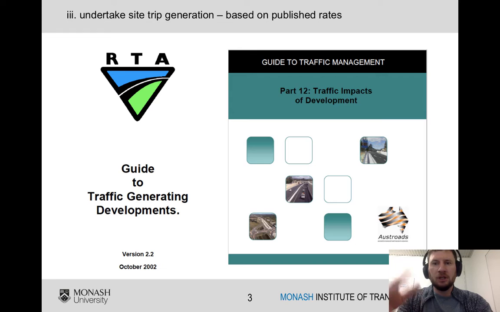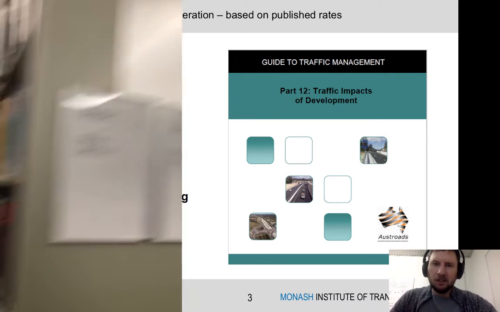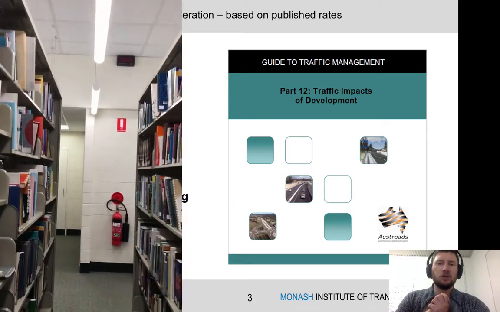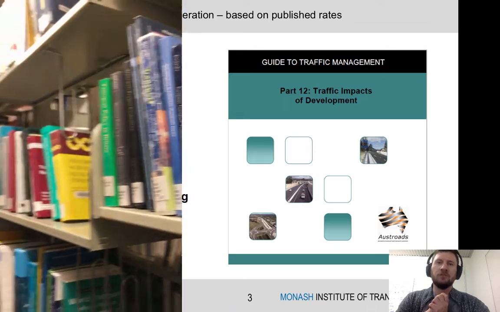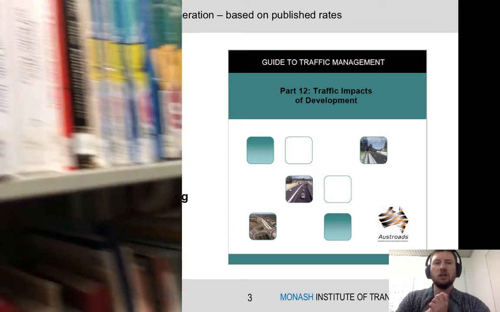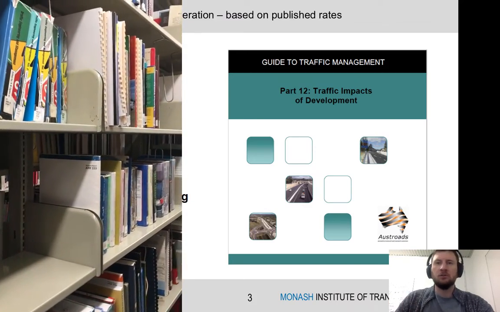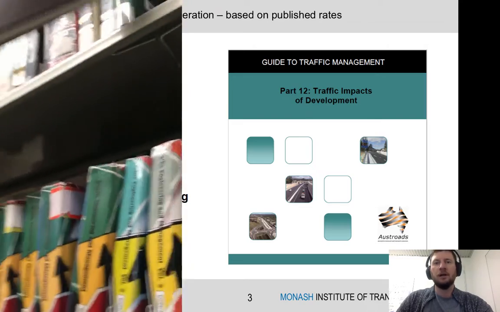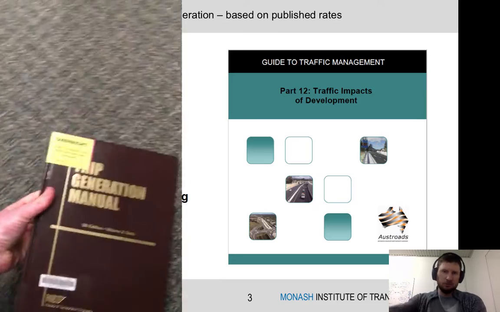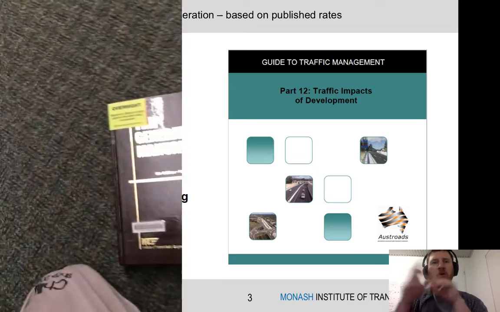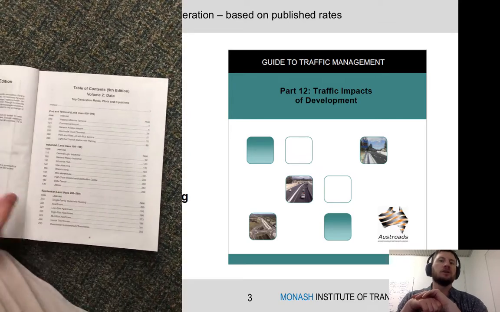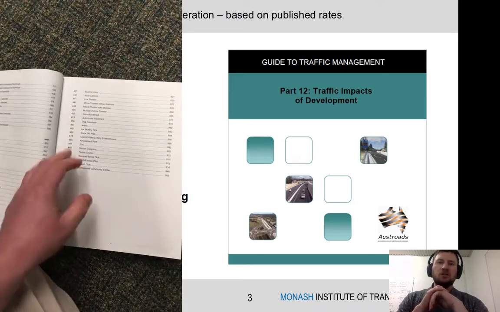The Guide to Traffic Management has some information in it as well, and the ITE Green Book or Brown Book sometimes, depending on the edition, has a huge amount of data in it from various studies, and you can go in there and look up rates, and that'll give you an idea as to how many trips will be generated by a residential development or a condo development, all based on some sort of survey that's been done and has been accepted as an established rate in the industry.